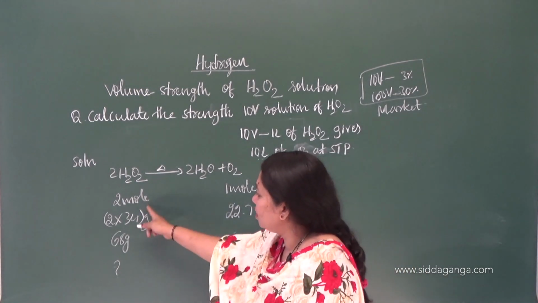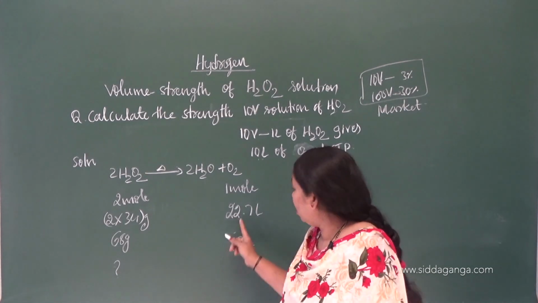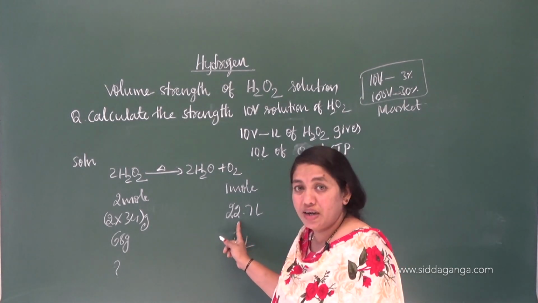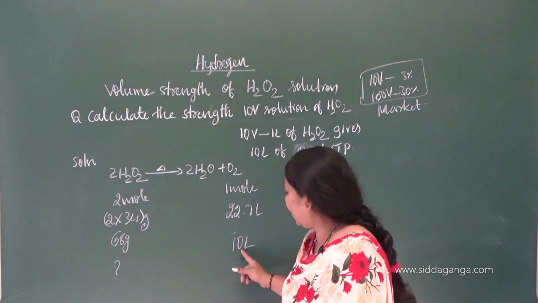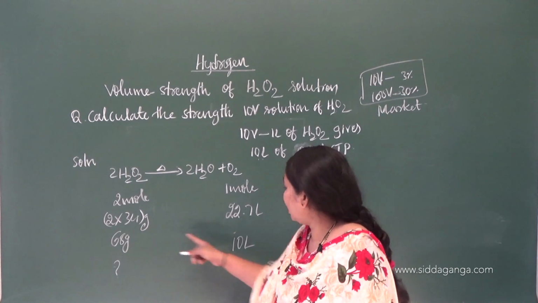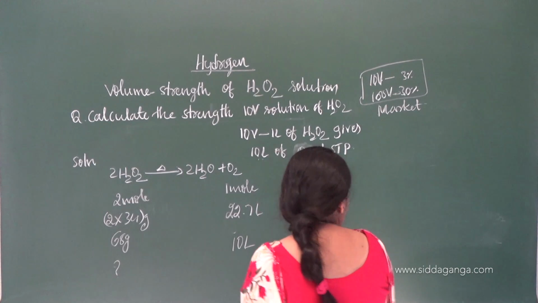Very simple. 68 grams of H2O2 on decomposition produces 22.7 liters of oxygen. So how much H2O2 is required to get 10 liters? Now cross multiply and you will get the answer.